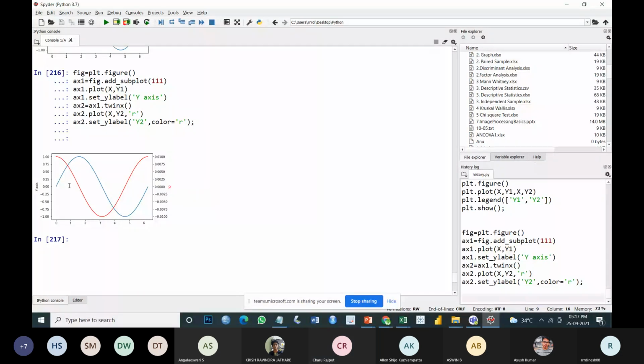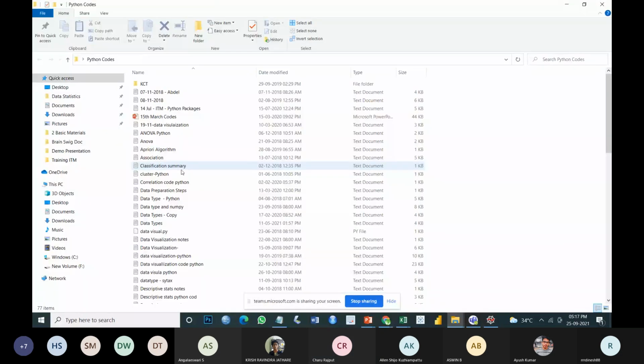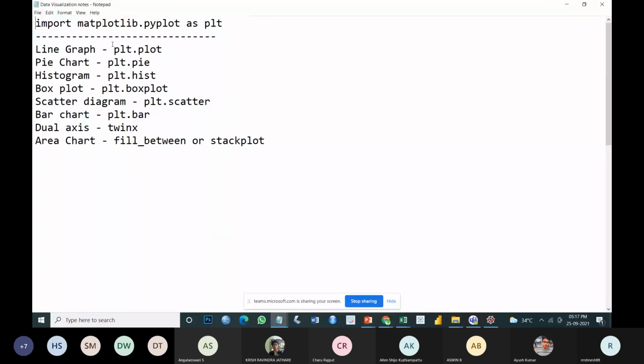So we discussed data visualization. There are different diagrams, and all are done with the help of Matplotlib. For visualization we use Matplotlib. For a line graph we use the plot function. Pie chart, pie is a function name. Histogram, hist.